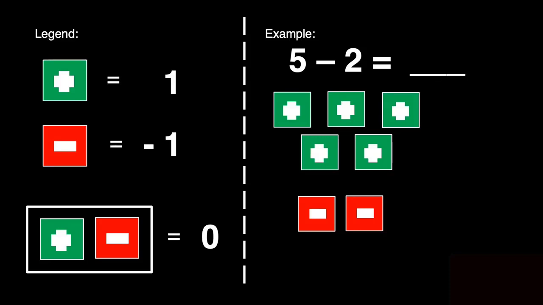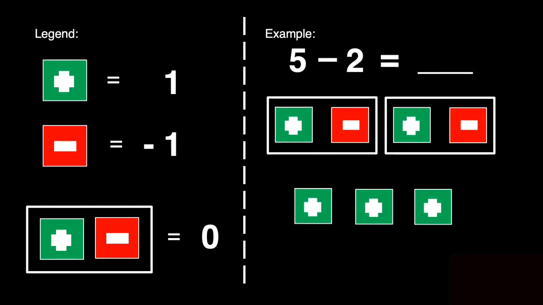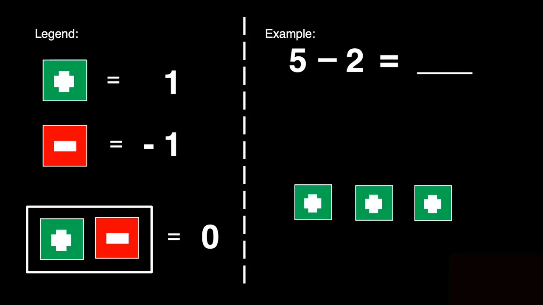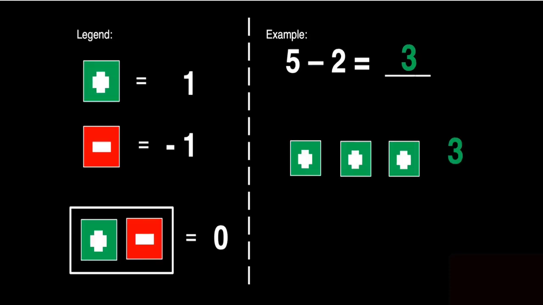As you can see, what will be left is 5 green tiles and 2 red tiles. Furthermore, pairing these 2 red tiles with the 2 green tiles will result in a zero value, and there will be 3 green tiles left without pairs, equivalent to positive 3.